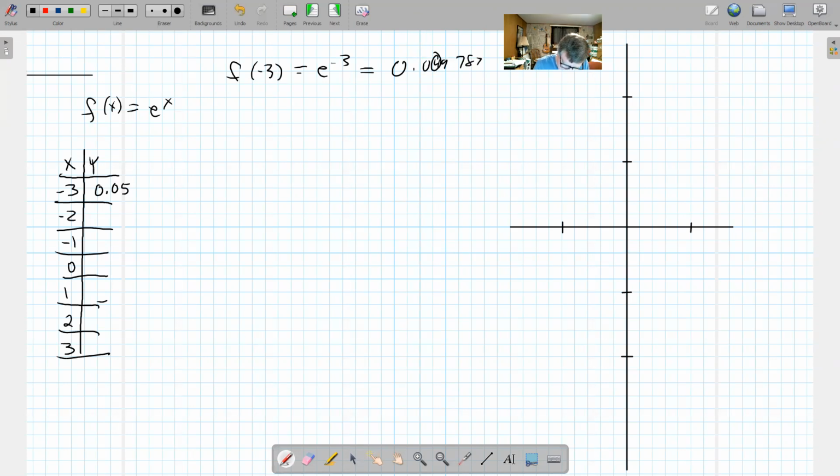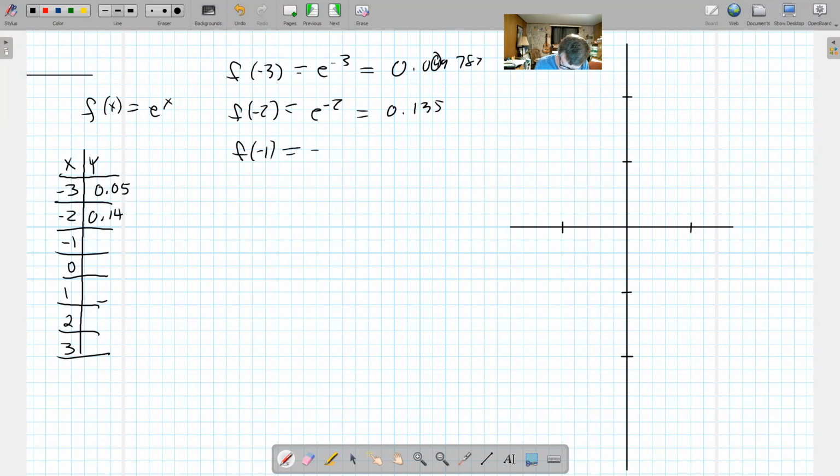Okay, x is -2, f of -2 equals e to the -2 power, which is 0.135, I'll call that 0.14.